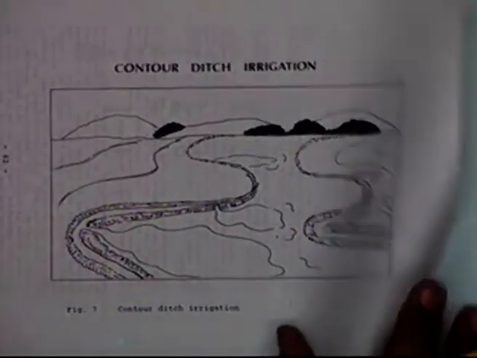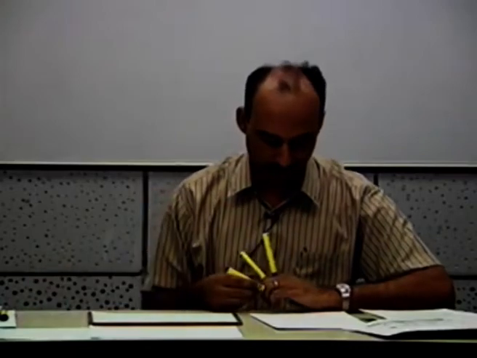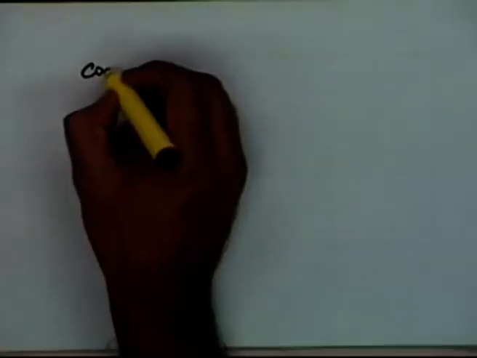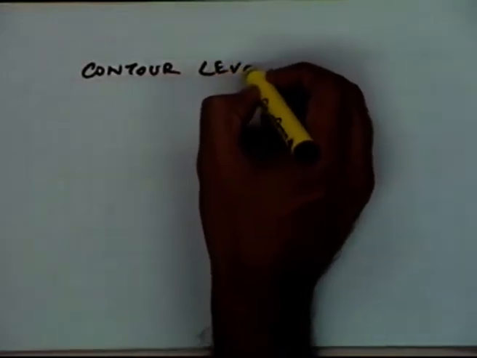So it is not a very scientific method, it is only a method which may be used under some circumstances where you don't have any other possibility of using the other methods because of various reasons which we have just discussed. Let's quickly go down to the next method, contour levee.